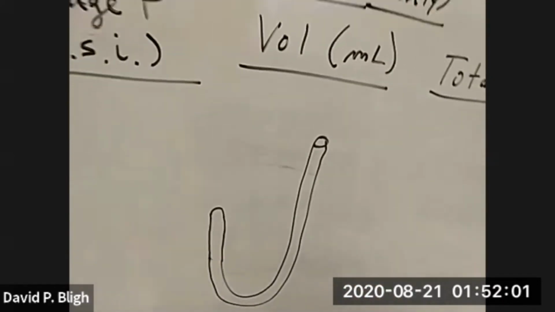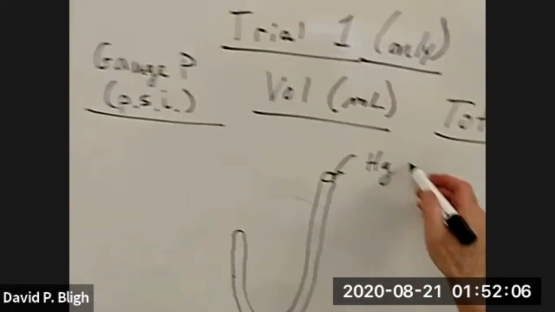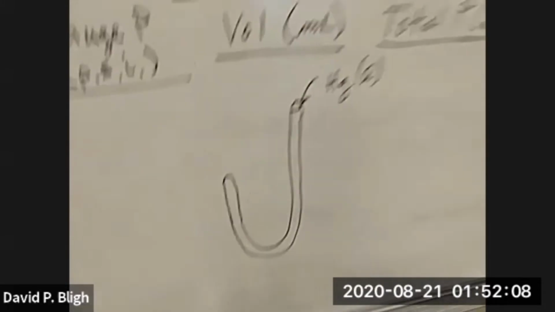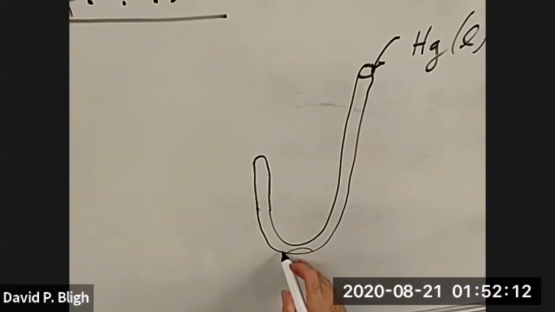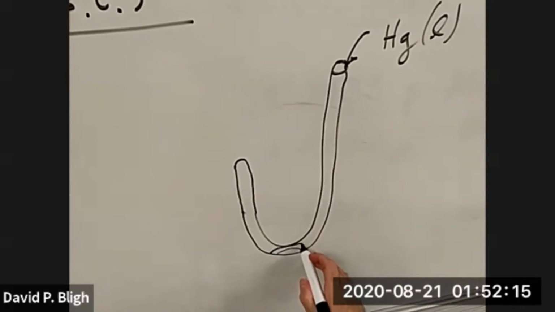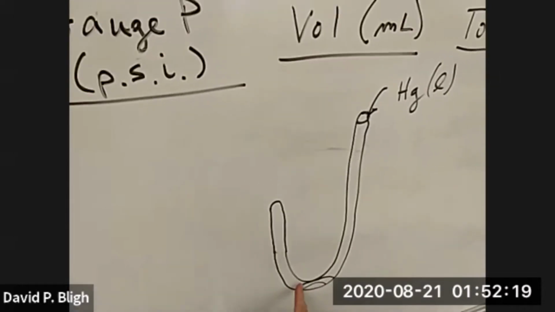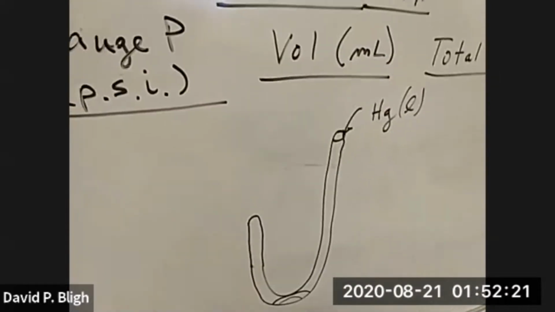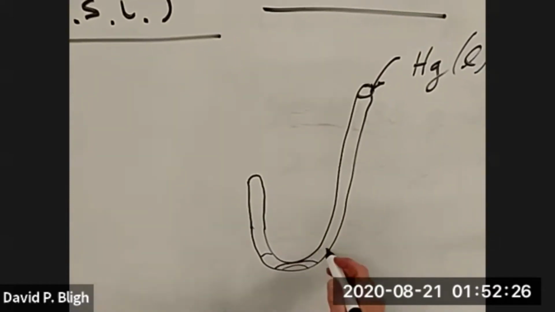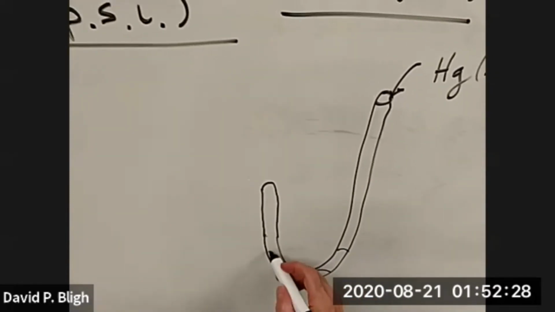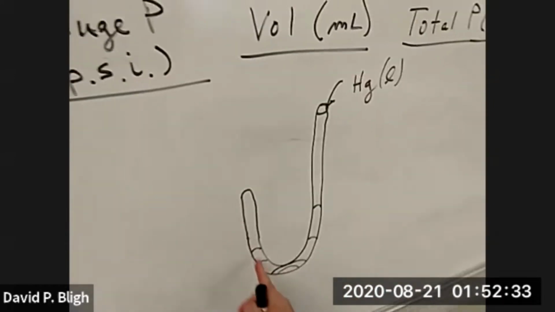In that J-tube, he added mercury, which is a liquid. And as he added mercury, it pooled in the bottom, and eventually it touched the inside of the J, which essentially trapped the gas inside this part of the J-tube. And as he added more, he noticed that the more he added on this side, the less it moved on this side.